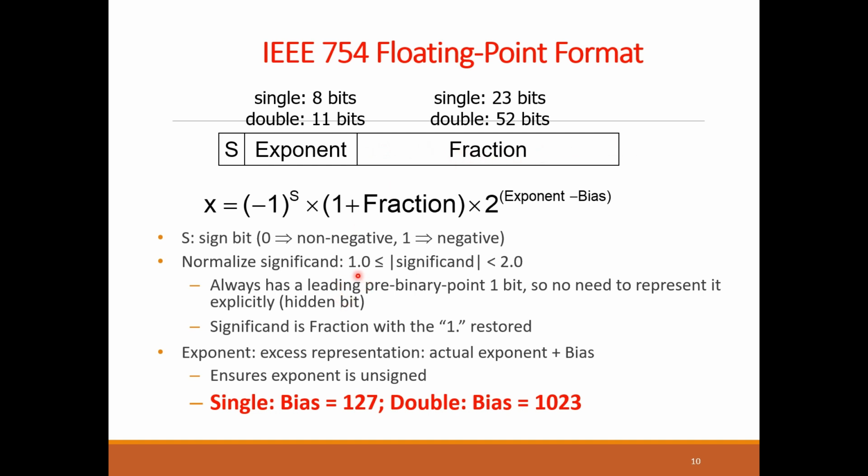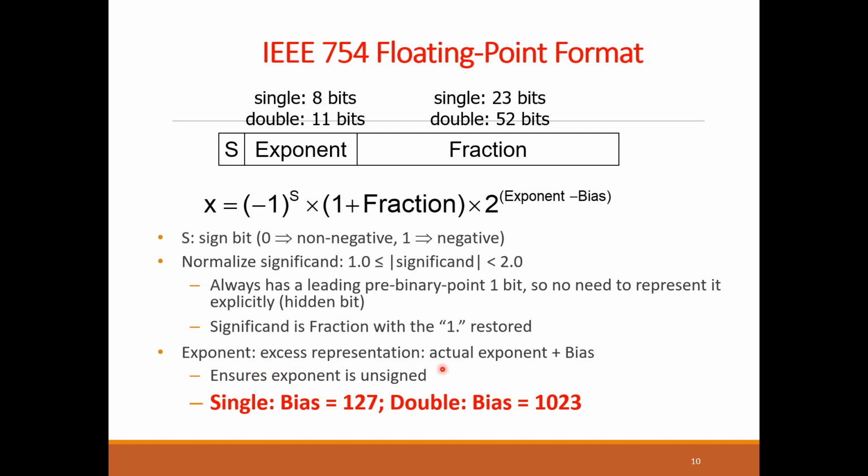So the mantissa ranges from 1 to very close to 2, and if instead of 23 bits you have 52 bits, it will be even closer to 2. This number representation always has a leading bit before the binary point, so there is no need to represent it explicitly. It is a hidden bit, and the significand is 1 point something.